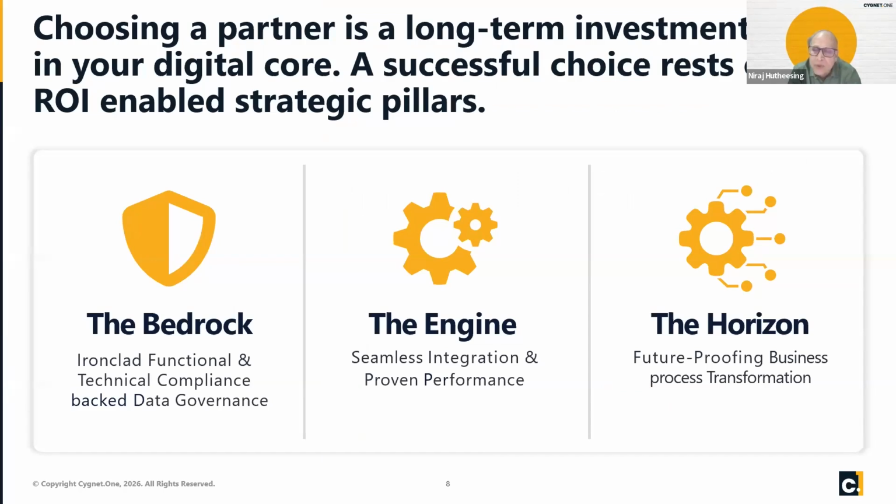And the third one is future proofing your business from process transformation. How much of the process transformation is being taken care of by the ASP, and how much process transformation you will have to be involved in. So these are the three major points which need to be taken care of for selecting your ASP.